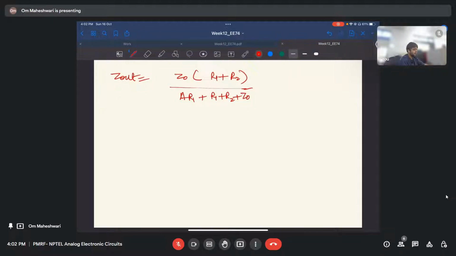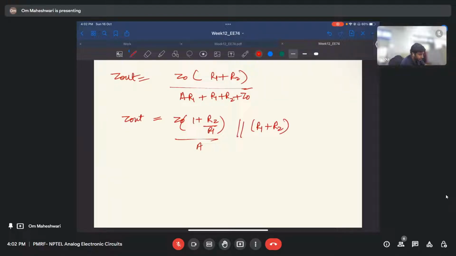Okay, fine. So if we can separate it, we can also write this as Z out equals Z naught times (1 plus R2 by R1) divided by A, parallel with R1 plus R2.